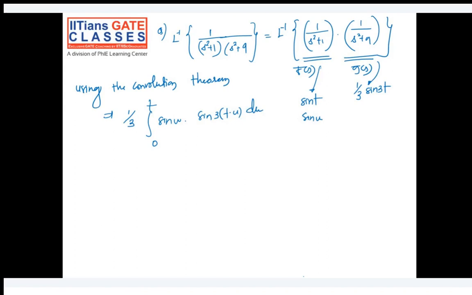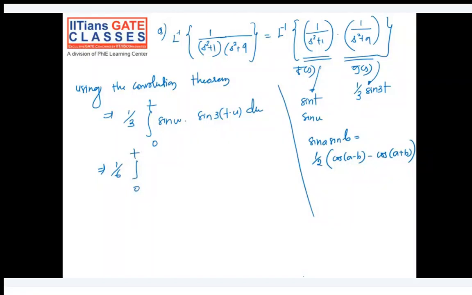And now you will use the sin A sin B formula, as 1 upon 2 [cos of A minus B minus cos of A plus B]. So using this, 1 upon 2 and 1 upon 3, it will become 1 upon 6 outside the bracket. Integration 0 to t.